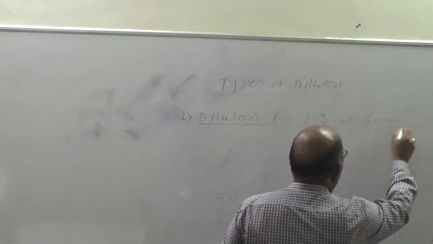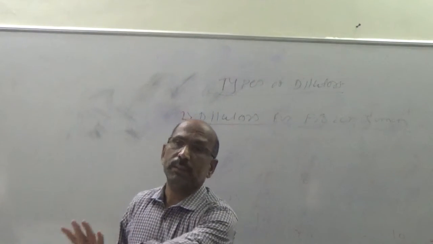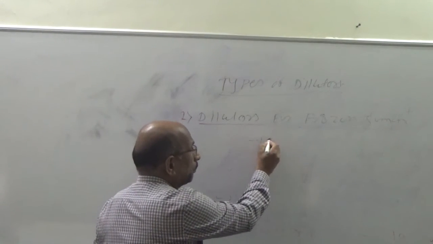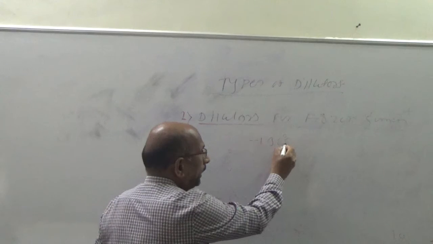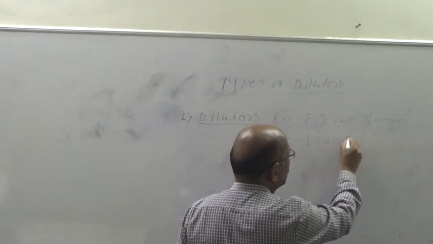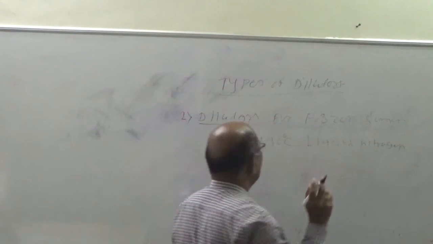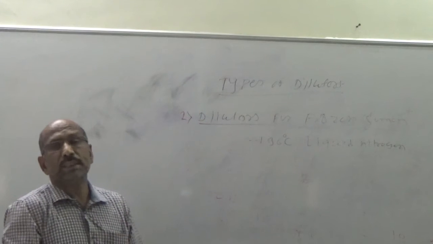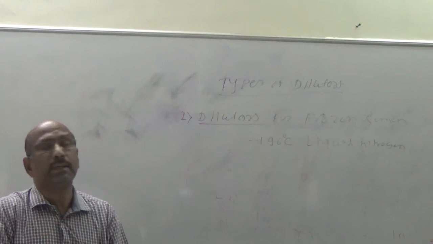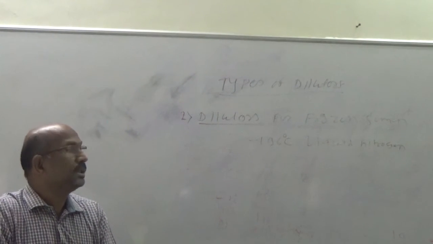So what is frozen semen? Frozen semen means semen that is preserved at minus 196 degrees centigrade in liquid nitrogen. So semen which can be preserved at minus 196 in liquid nitrogen is called frozen semen.